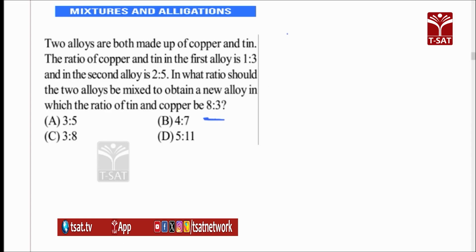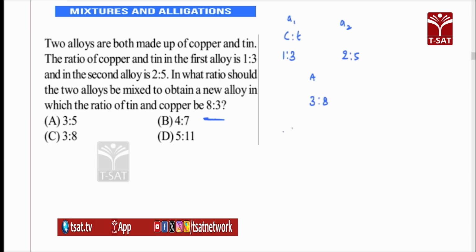I will take it as small a1, small a2, capital A. Copper and tin is 1:3 here, copper and tin is 2:5 here. Be careful here. He said tin and copper, but you have to take copper and tin. So in the third alloy, the mixture is 3:8.